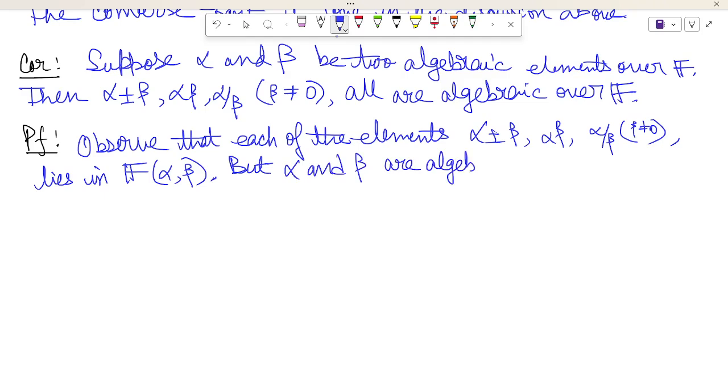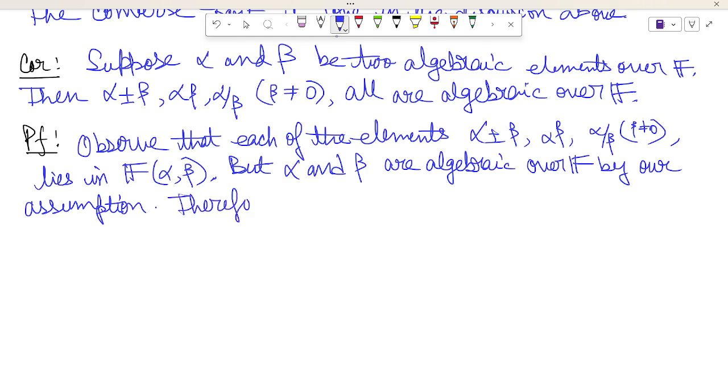I have assumed this. Therefore that extension, what is this? Algebraic means finite.